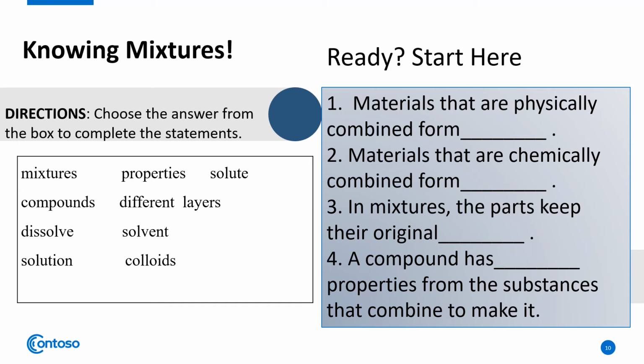Number 2, materials that are chemically combined form blank. Number 3, in mixtures, the parts keep their original blank. And number 4, a compound has blank properties from the substances that combine to make it. I'll give you 3 minutes to look for the answers to these questions.